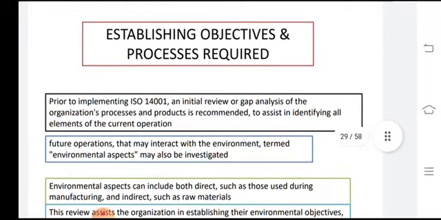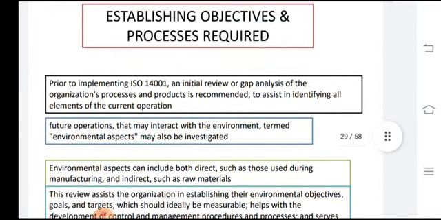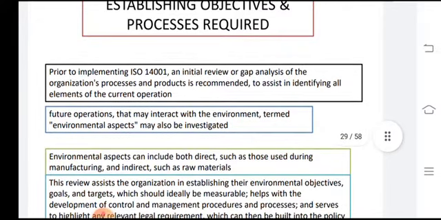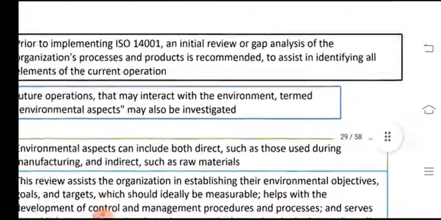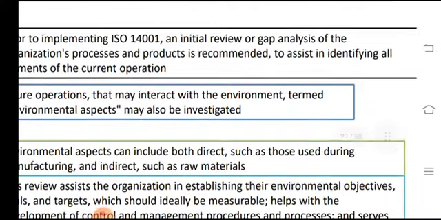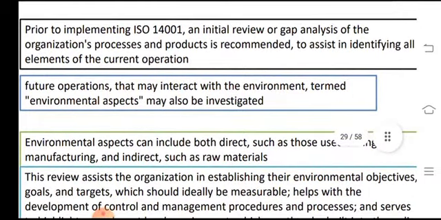Now we will talk about it one by one. An initial review is required, and a gap analysis of the organization, processes and products is recommended.